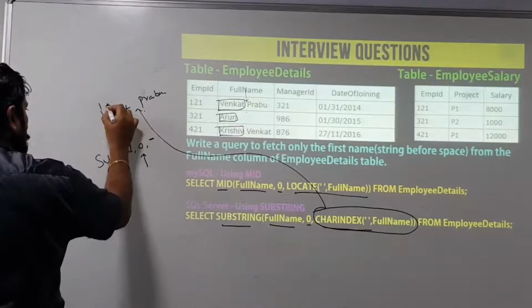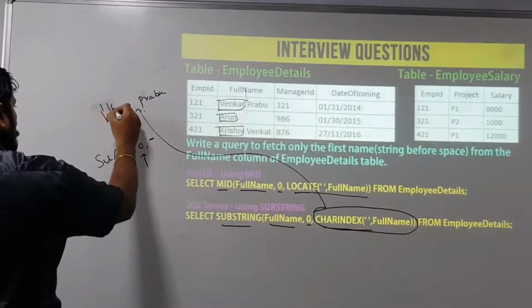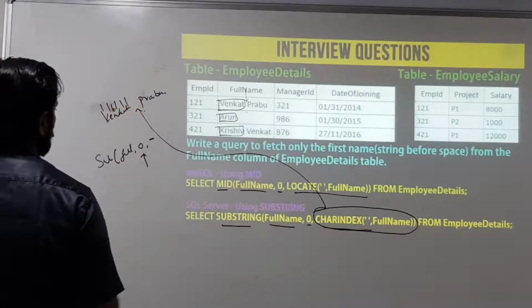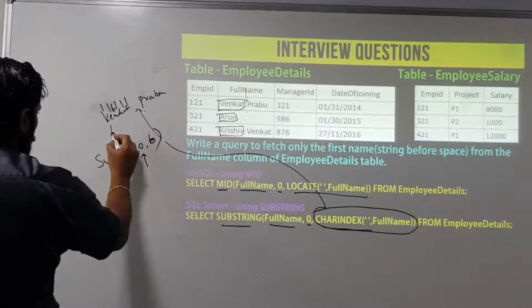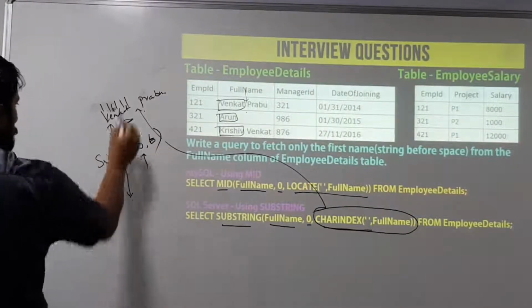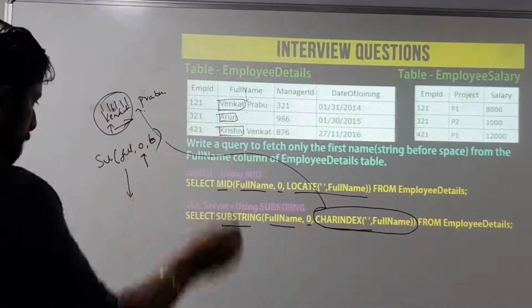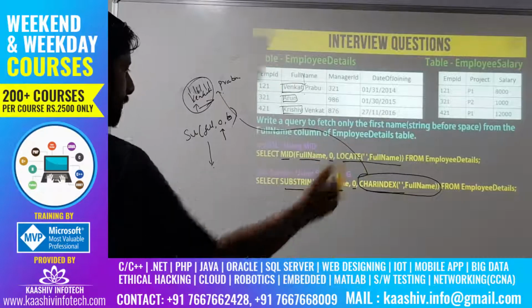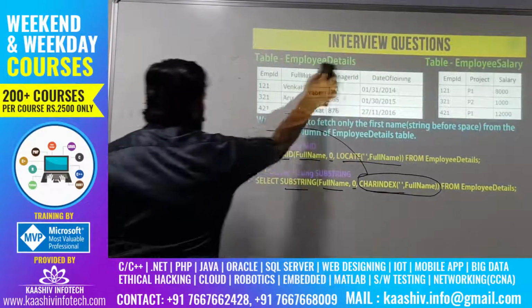Considering 1, 2, 3, 4, 5, 6, over here it's 6. Start from here up to the length of 6 and fetch the output. So you get Venkat. This is the query you have to write: select substring of full name comma char index. So this is the query you will be writing.